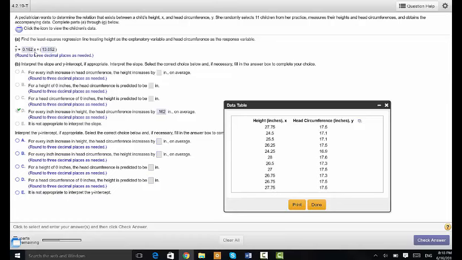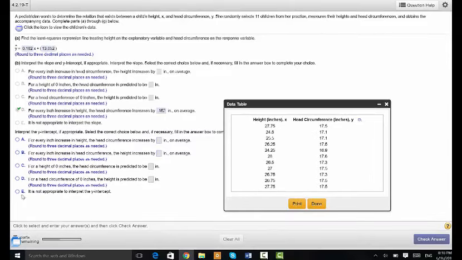So if a child has no height, the equation gives you a head circumference of 13.052 inches. That does not make sense, right? Because if a kid has no height, how can it have head circumference? So I believe the answer is it is not appropriate to interpret the y-intercept in this case. That should be E, and check the answer.